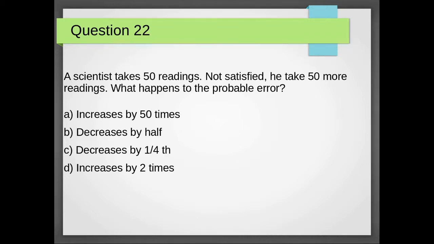So when we take 50 more such readings, that is, we take the exact number of readings that we have just taken, the total number of readings in this particular case is now 100, which means the probable error should reduce by half, because we have taken an equal number of readings in addition to the first set of readings. So obviously the answer is the probable error should reduce by half.